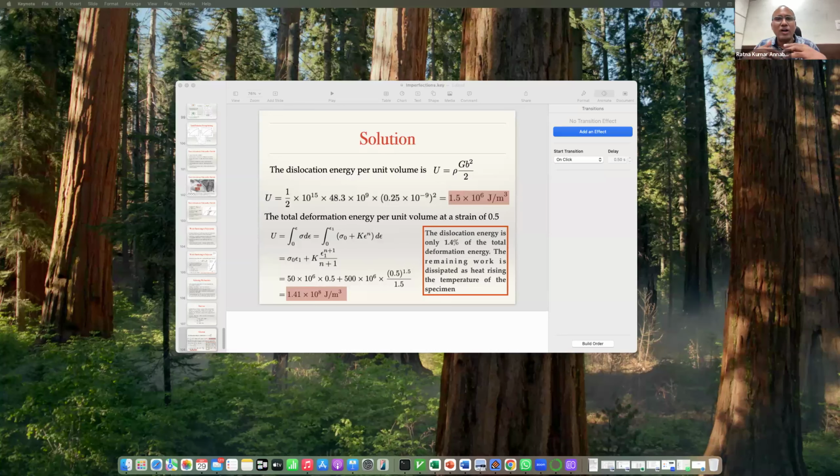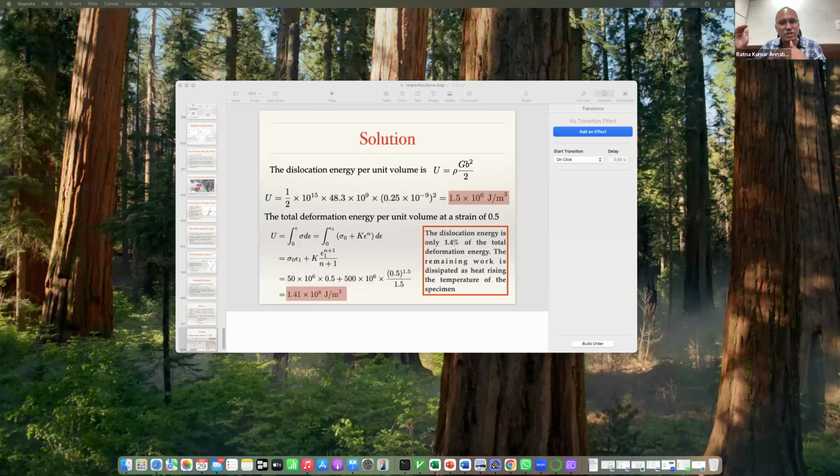And in the process, we also discussed a very important strengthening mechanism called grain boundary strengthening, through which we introduced an interesting concept called strengthening of nanocrystalline materials. We discussed the Hall-Petch relation, which describes the relation between yield strength and the grain size of the material.